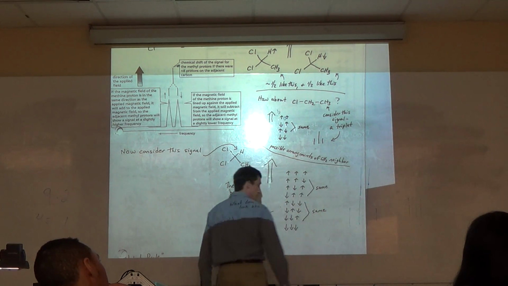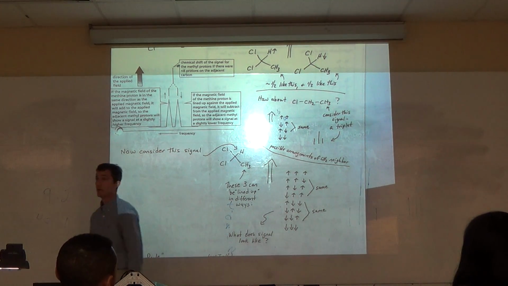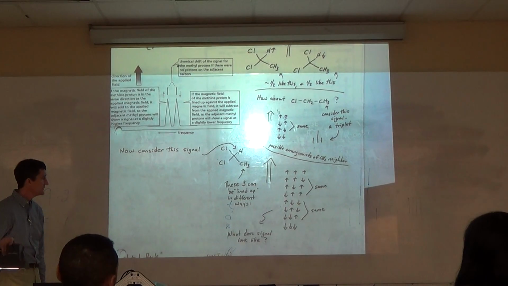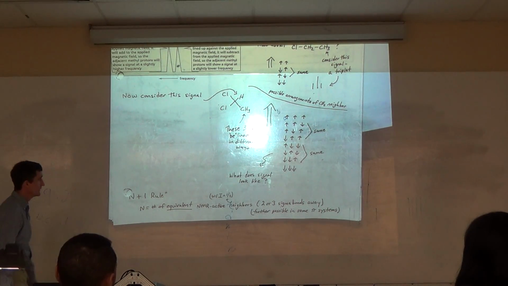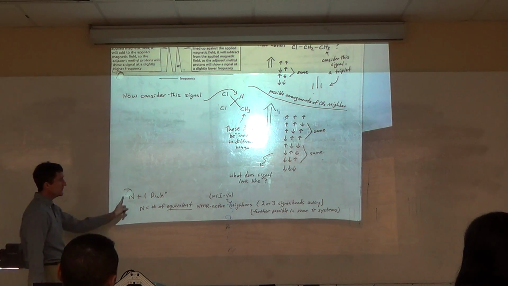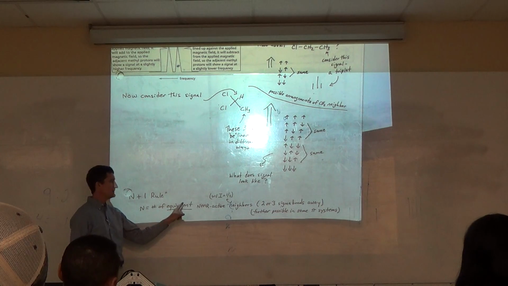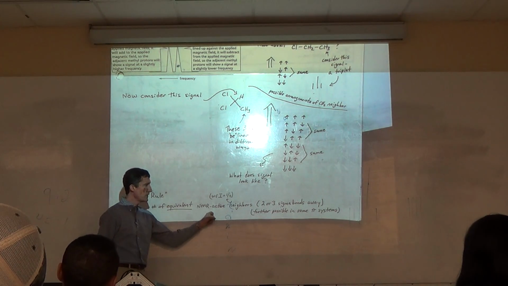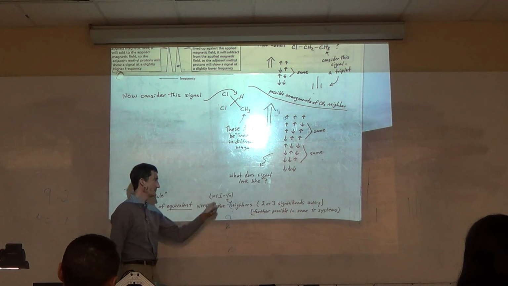Now, every time, do you have to go through all this to figure out what it's going to be? No. This can be summed up with a rule, the n+1 rule. This will tell you your splitting expected, where n is the number of equivalent NMR active neighbors with a spin of 1/2.